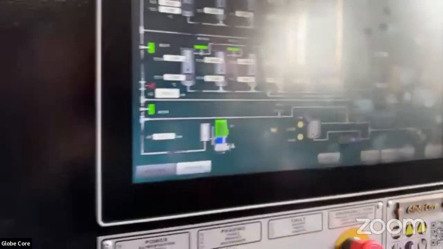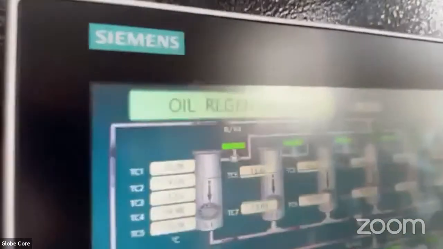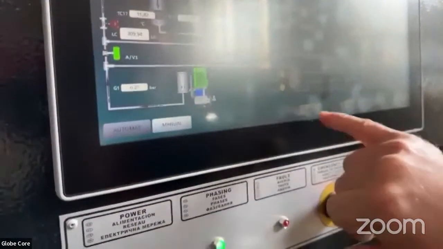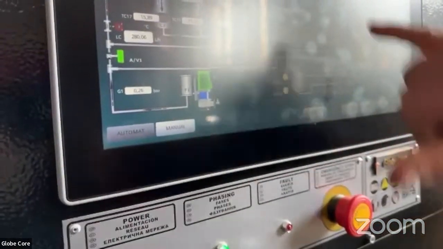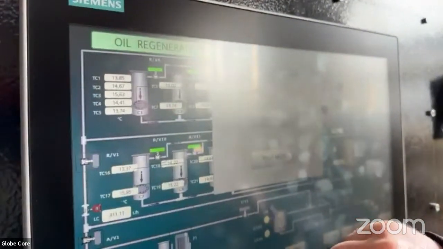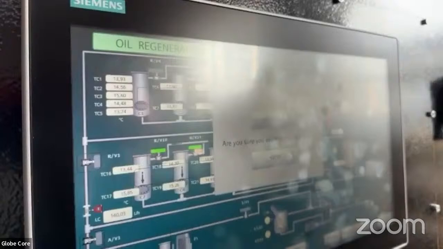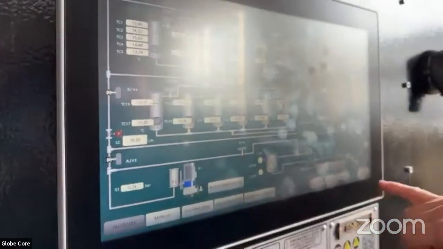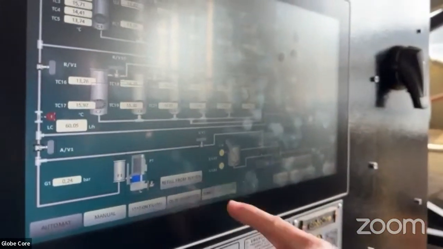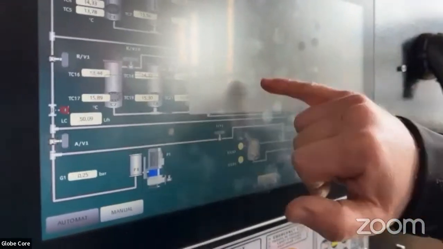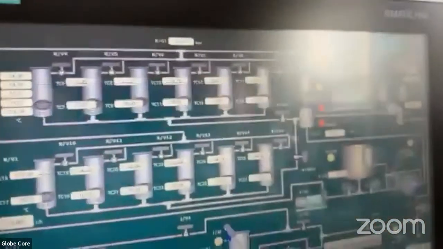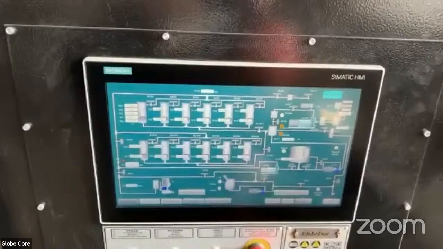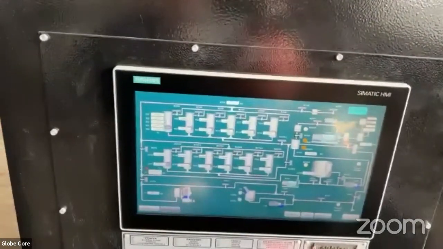Now the system works in automatic oil regeneration mode. At any moment, you can switch the process. So let's say we're going to stop the process, and switch it to any other, like sorbent reactivation, or station filling or refilling from buffer, or you can switch it to manual mode.